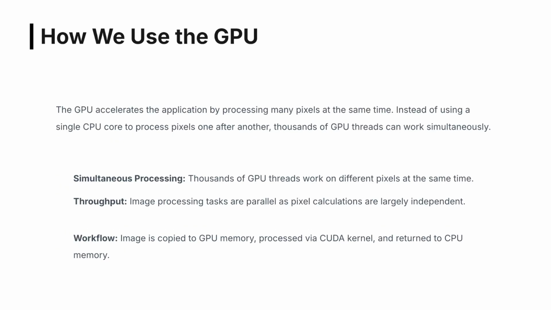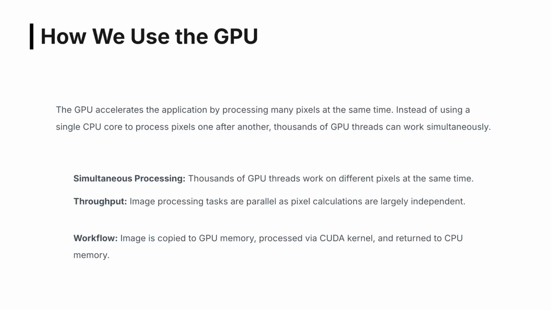In other words, the CPU usually processes pixels one after the other, like going through a line. The GPU works differently. It can process many pixels at the same time. In our project, the image is copied into the GPU memory.